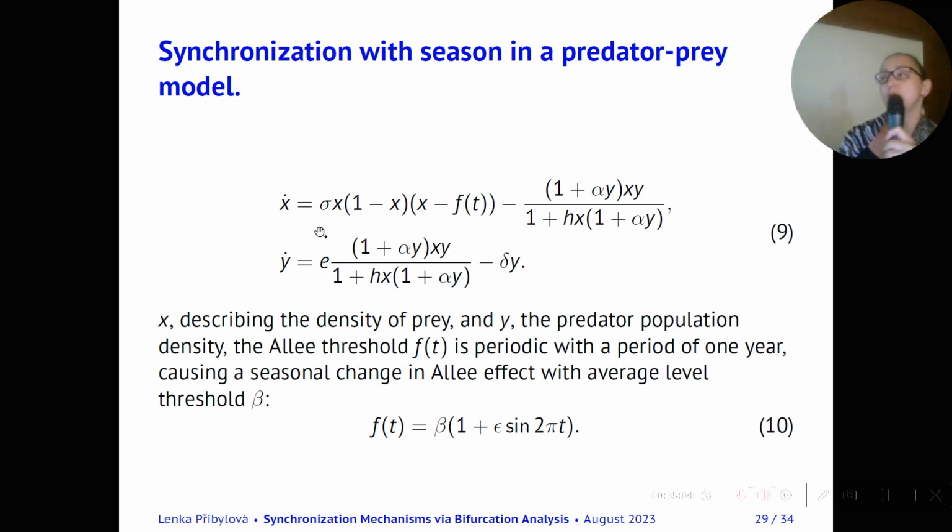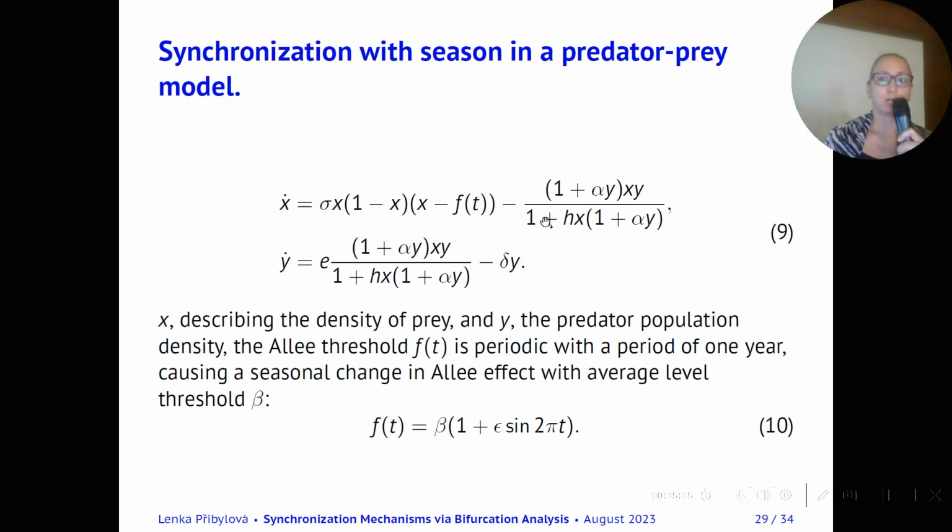So the first equation is related to the prey, the second one to the predator. If you know predator-prey models, you know that this part is a logistic part with Allee effect. The Allee effect has a threshold of reproduction of the prey: below this threshold the prey simply cannot survive, so they go extinct.